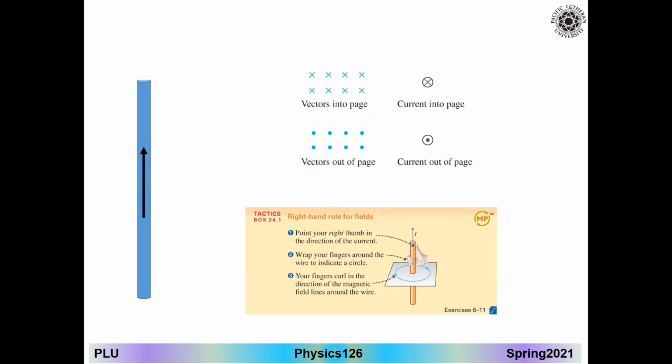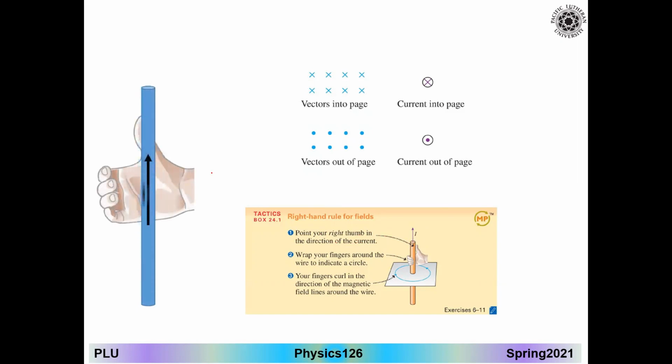So now, according to the right-hand rule, if I put my hand on the wire here, my thumb will point up. In that case, the direction of the magnetic field on the left side points out, which is represented here by a dot. And on the other side, as you curl your hand, on the right side the magnetic field comes in, shown as crosses.